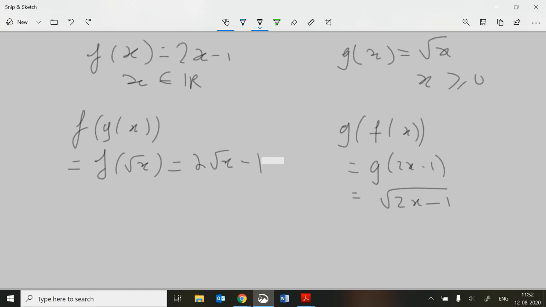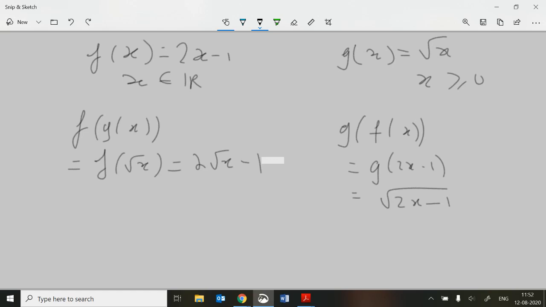So what do we mean? In this case, when we put in g of x, we already had the domain restricted to x greater than or equal to 0. So what's coming out as the range here? Well, you can only get out positive answers or 0. If you take the square root of a positive number, you can only get a positive answer.